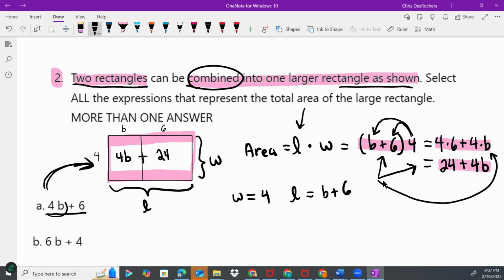And we have 4b here, but what don't we have? We have 4b and the 4b here, but we don't have 6. Sorry, we don't have the 24, we have 6. So that is wrong. That is not a representation of this. So let's forget about expression A.